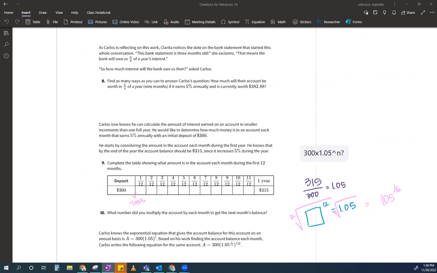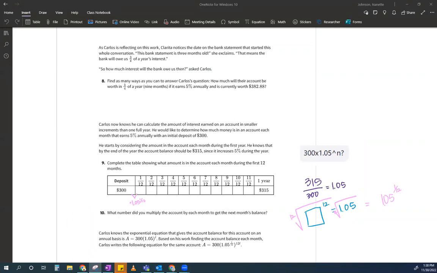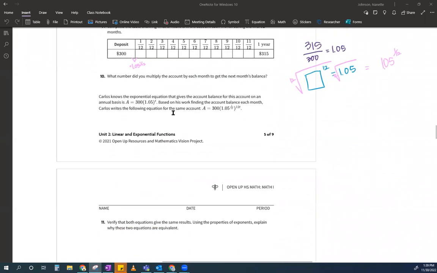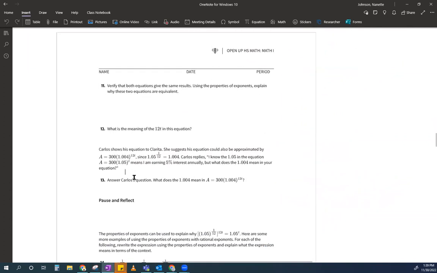What's happening? Hold on a second. Okay, let me grab. So yes, here this is per year. So this 1.05 is per year, right? What does that 1.004 mean?